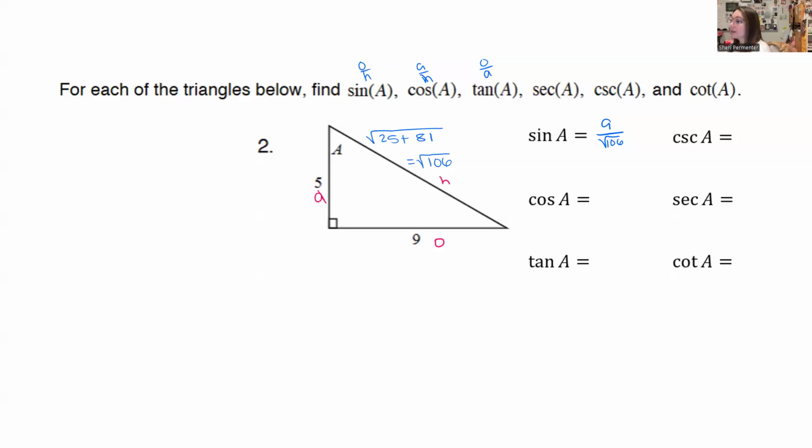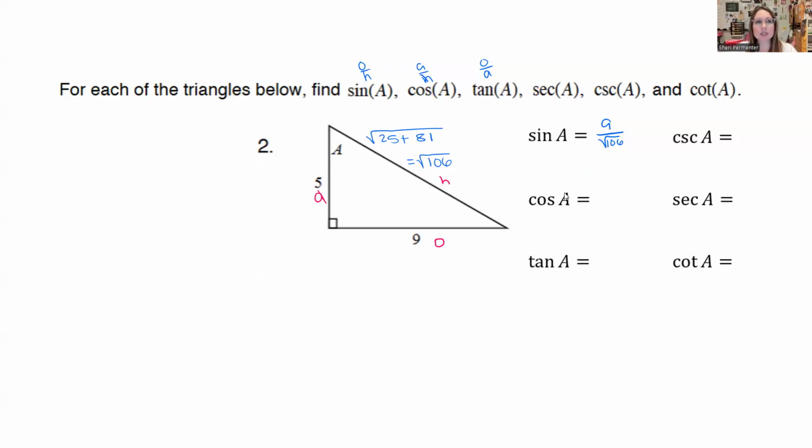Depending on if you're looking up answers, it might show square root 106 in the denominator, or it might show it rationalized. From here, you could get some different answers, and that's okay. I'm okay with leaving it like this because I saw that in an answer somewhere, they left a square root in the denominator. So just know that that is a thing.